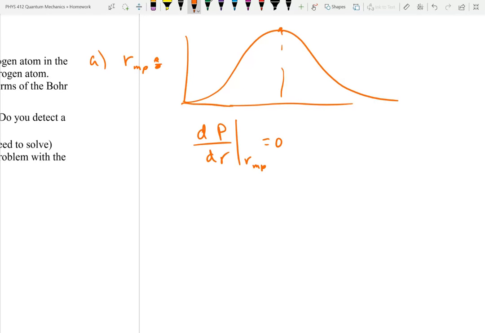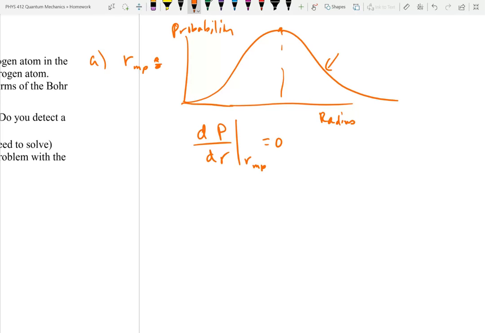What are you plotting here? What is that line? I called it the probability, but what is it in terms of our wave function? The probability of the electron being at that radius. Yes. In terms of our wave function, what is that?